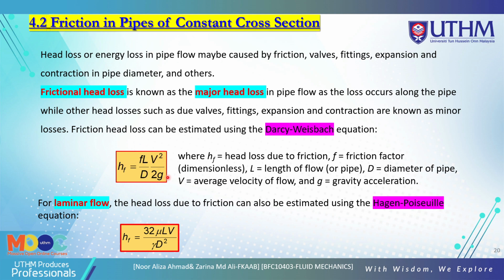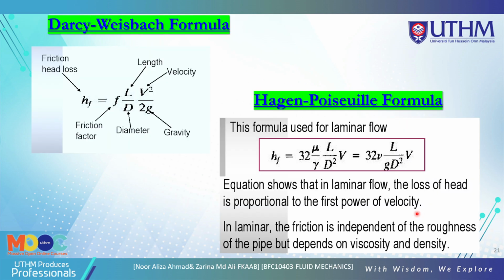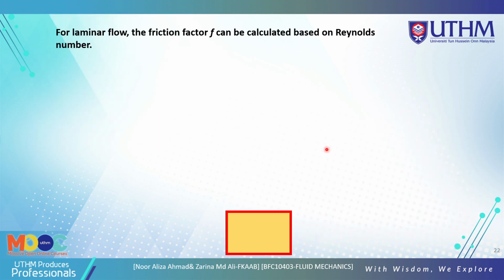When the Reynolds number shows laminar flow, to get HF you can use this formula, called the Hagen-Poiseuille equation. The Darcy-Weisbach formula gives HF for turbulent, transitional, and also laminar flow, but only for laminar flow can you find HF using the Hagen-Poiseuille formula. This is the difference between the two.